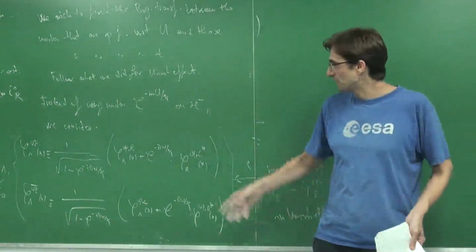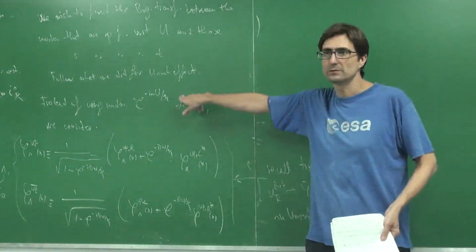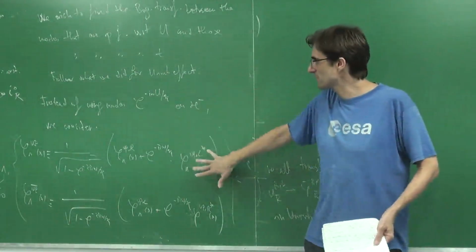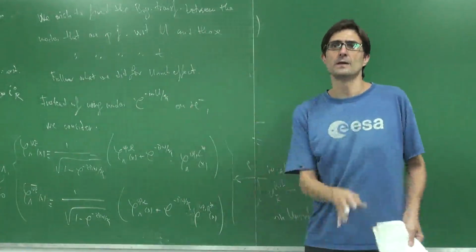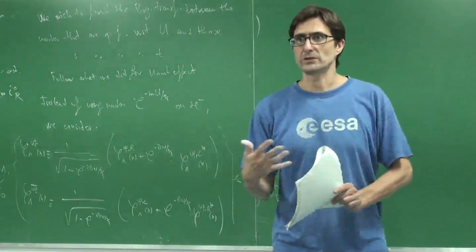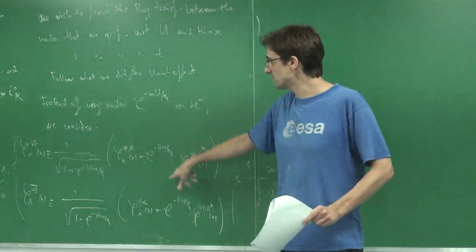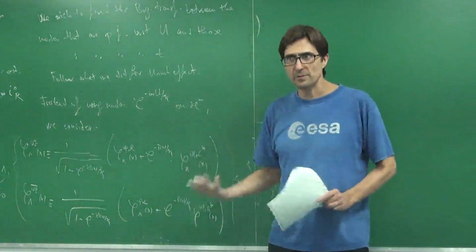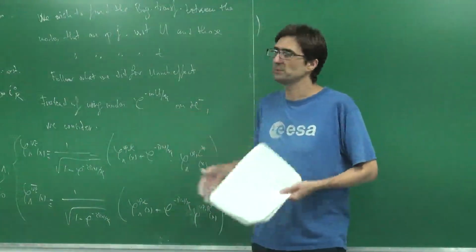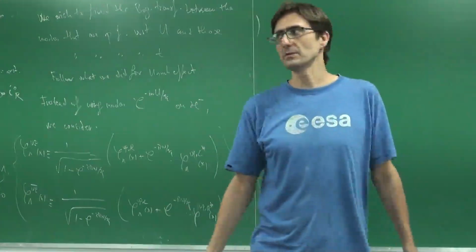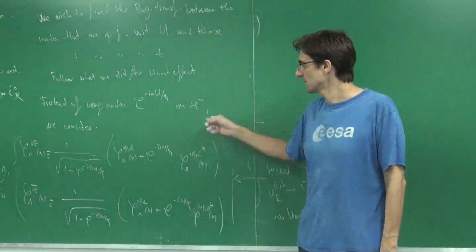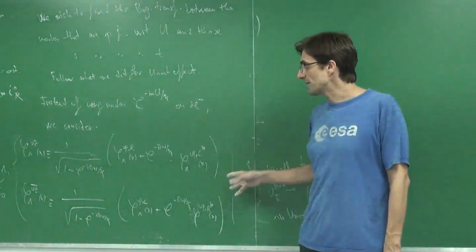All you need to show is that they're positive frequency with respect to capital U. If these modes are positive frequency with respect to capital U, then it means that in the transformation between these modes and these modes, there is no complex conjugation. If there's any complex conjugation, you would be adding some negative frequency modes. And so they define the vacuum state.